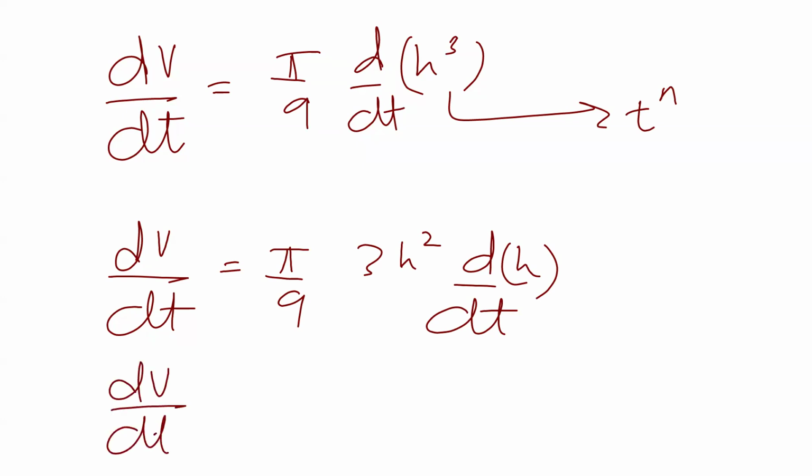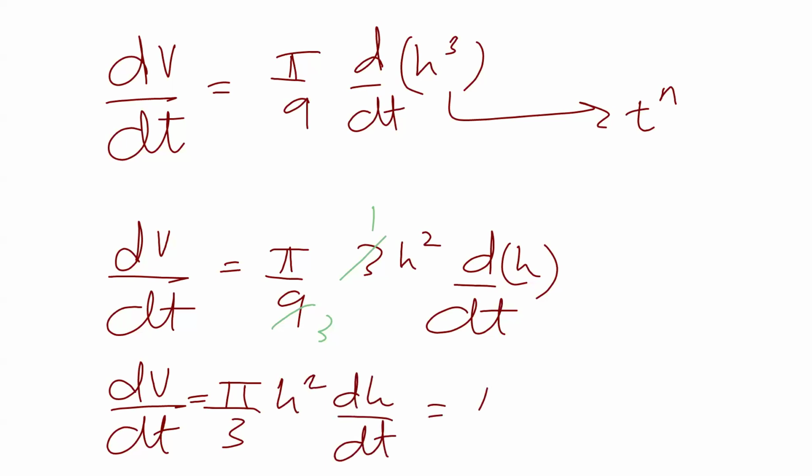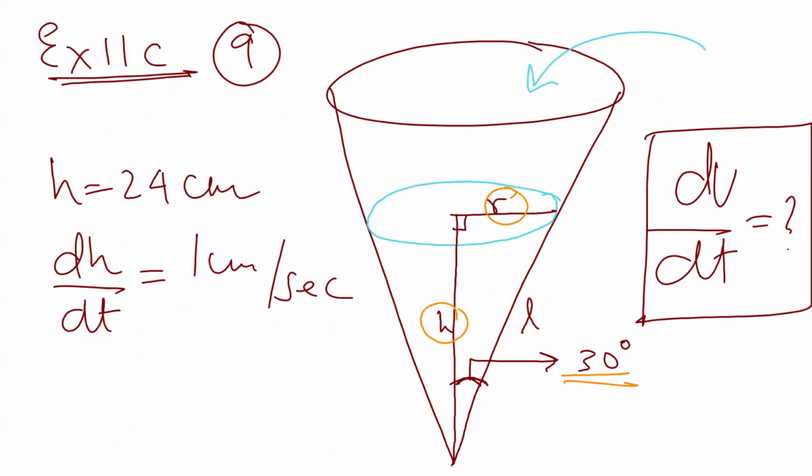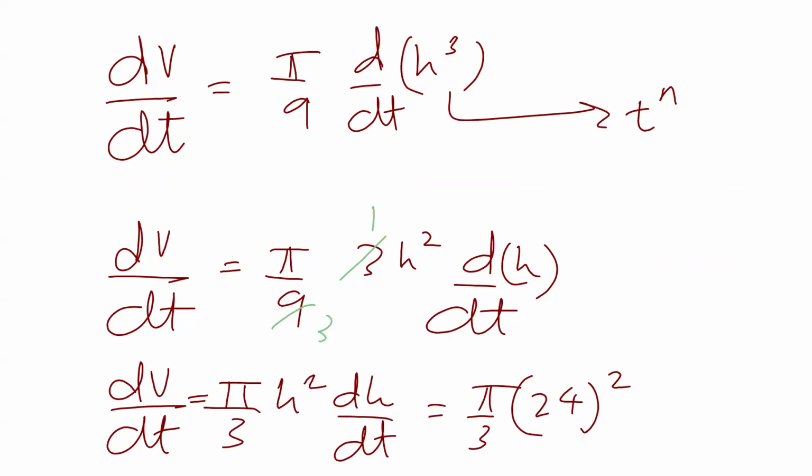So dv by dt is equal to pi by 3 h square dh by dt. Now we know the value of initial height, 24 centimeters. So this is 24 square, and dh by dt we have noted down as 1 centimeter per second. Keep pi as it is. They are not asking us to take pi as 22 by 7 or 3.142.